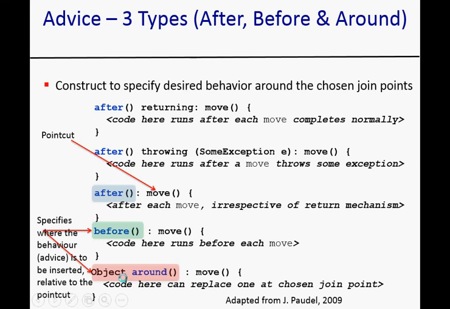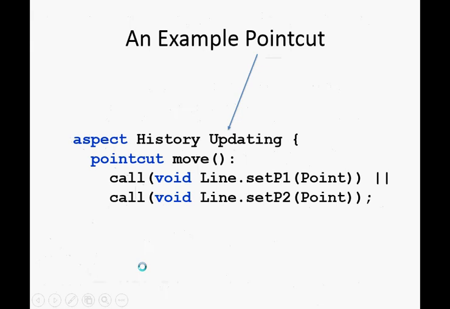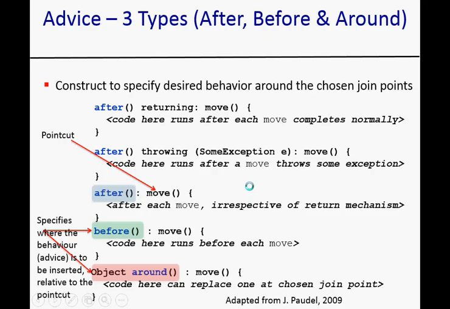If move delineates something which returns a value, in this case it doesn't, it's void, but if it returned a value, we can actually replace that value. But the point is we can do things before or after or around the value. We can replace a value, we can print out a message, we can log it to a database. Lots of different things we could do before and after this move. Okay, we might audit some information, etc.